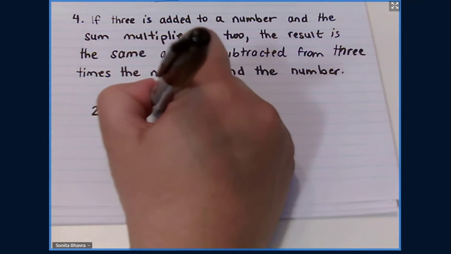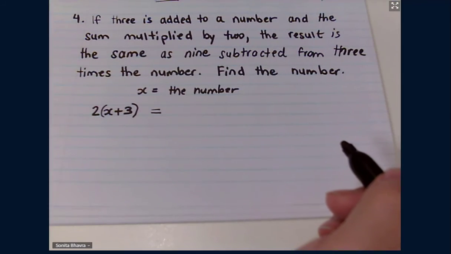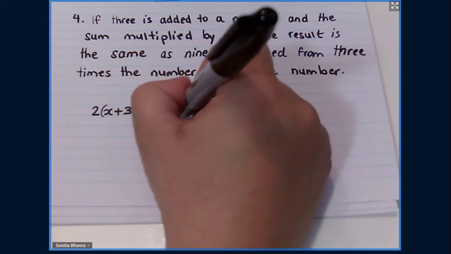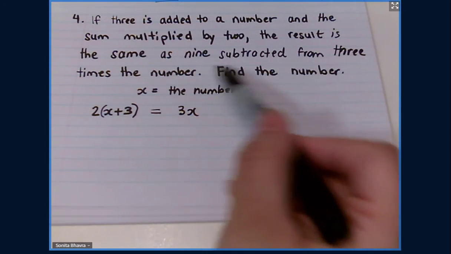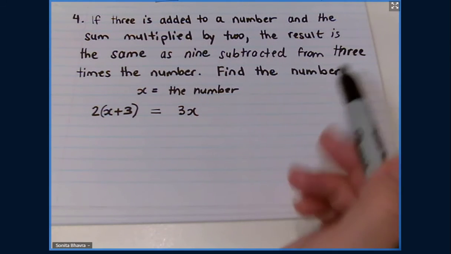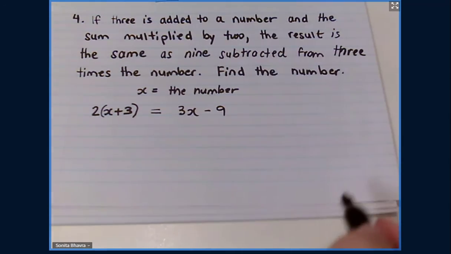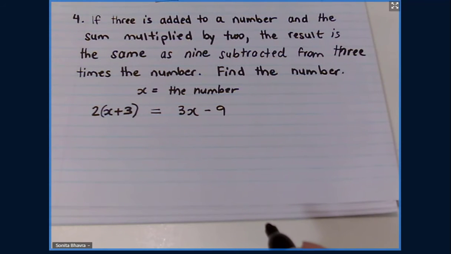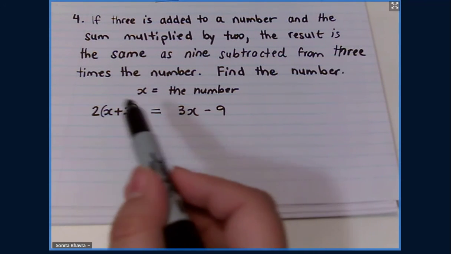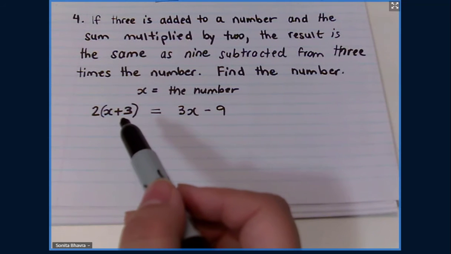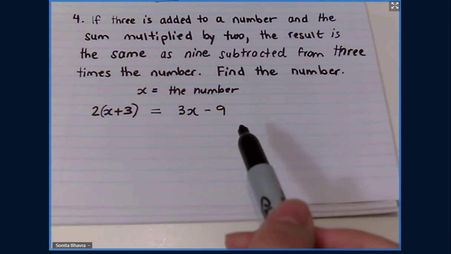So it's equal to 3x minus 9. Now we have our equation: 2 in brackets x plus 3 is equal to 3x minus 9.